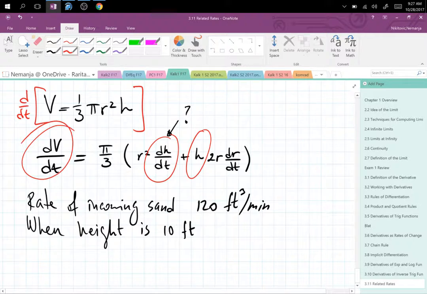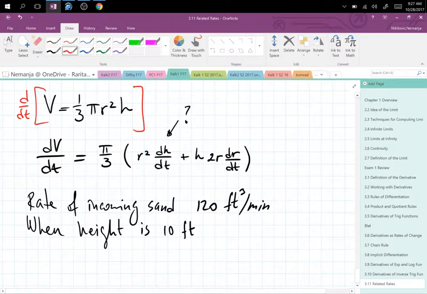We have this, and I still have r and dr/dt unknown, and that's the problem. We can't solve everything this way. Now the book goes with a cheaper type of problem and says that the radius is always 3 times its height. So the book gives this piece of information as a link.